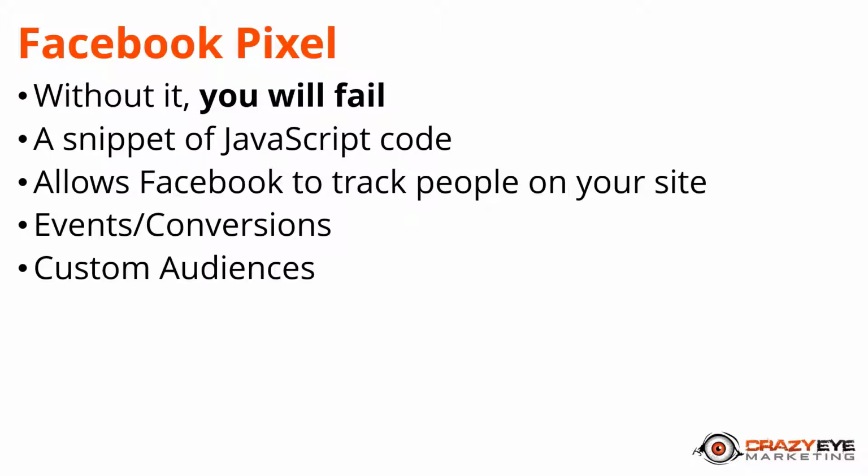So somebody bought something and landed on the order confirmation page. You had 1,000 people do that. So then you can create a lookalike audience off of that custom audience of 1,000 customers, and Facebook's going to go out there and find 2 million people that look like your customers. Okay, so that's one very powerful feature, the custom audiences and converting those into lookalike audiences.